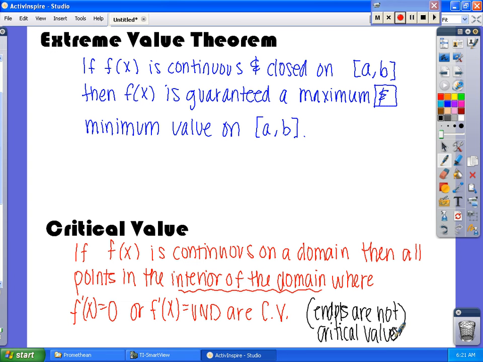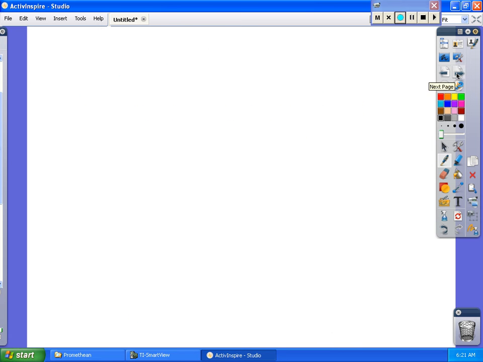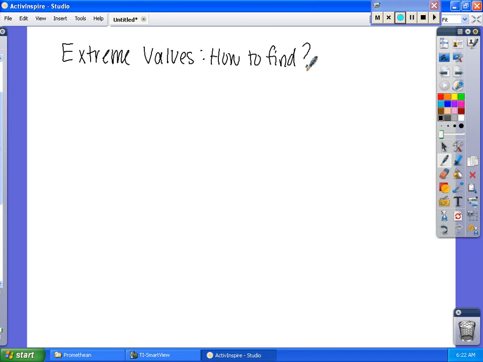All right, so given that, let's talk a little bit about the steps that you take to find your extreme values. First thing you want to look at is your domain, because you may have some issues, or it can give you a closed interval, which might help you figure out that EVT holds.